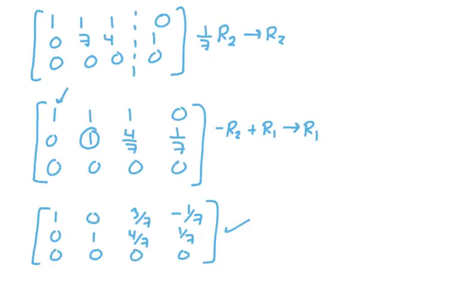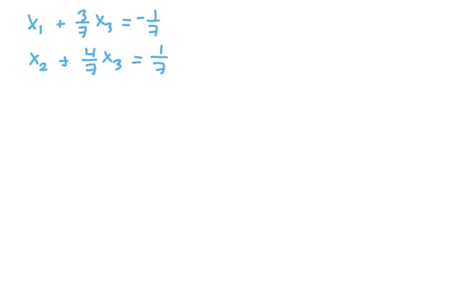Do we match? We do. Now, in here, x3 is a free variable. It can take on whatever value it wants. We have two equations with three unknowns. And if we have two equations with three unknowns, we have one free variable.